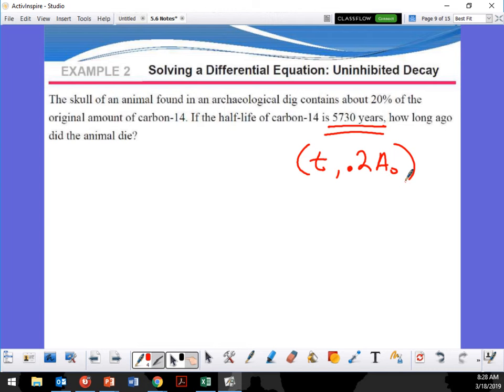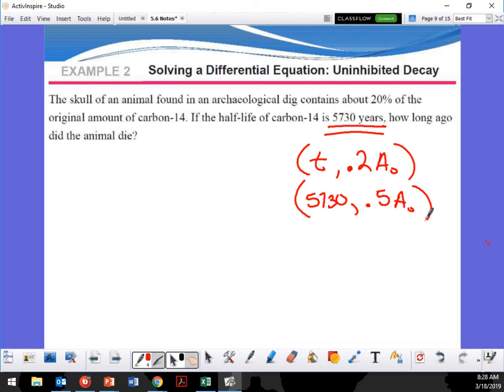Okay? And I know that there is half. So in time 5730, I have half. So I should have 0.5 of my A sub 0. Okay, so now I have two values that I could actually go with. Why 0.2?